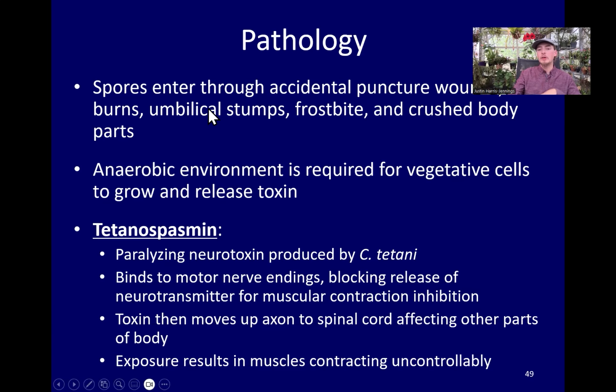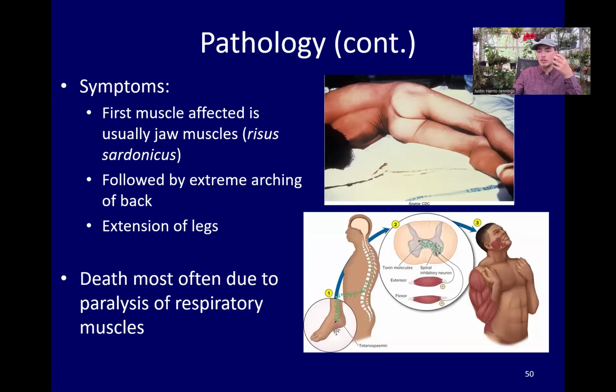Some of this can be through the scars that we get on our body, through major scars. It can be through crushed body parts, frostbite, and we just need to make sure that there's no oxygen, and that will allow for these spores to germinate and the bacteria to grow back into its vegetative form, release this toxin, and it can start these symptoms of muscle contraction, lockjaw, and these overarching symptoms of the back.